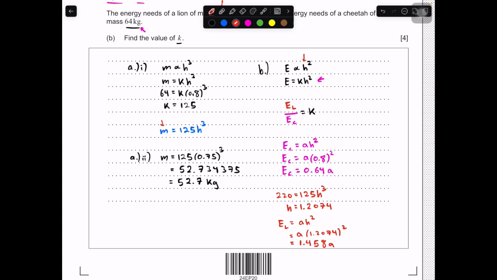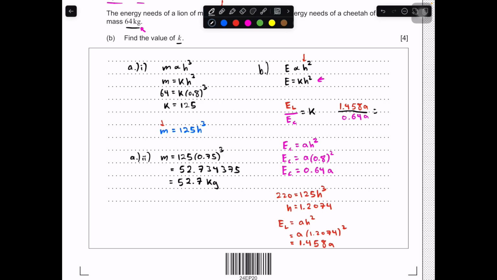So 1.458A over, in this case it is 0.64A, and this should give us the value of k. So I'm going to use my calculator that I have right beside me again. 1.458 divided by 0.64.